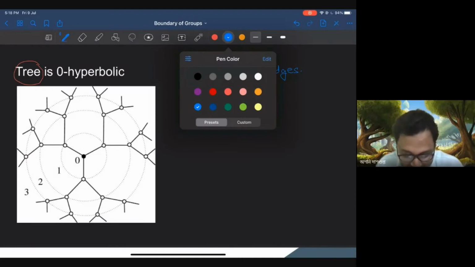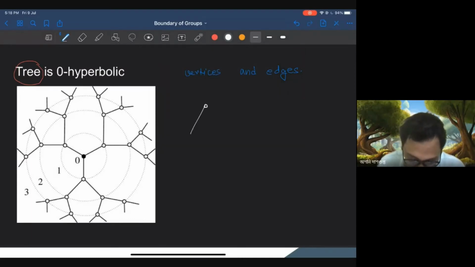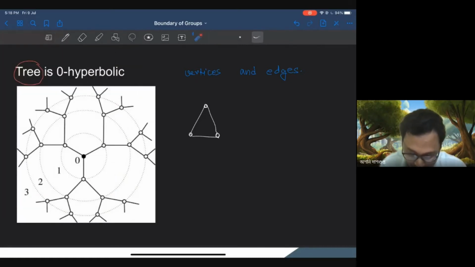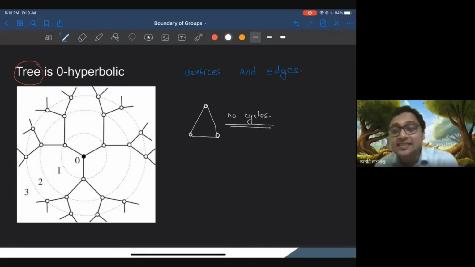So you cannot draw something like this. You cannot sort of come back to the same point like this. So there are no cycles. And you can easily check that a tree is in fact a zero hyperbolic space. So delta equal to 0 will work. And I will show it to you right now, why that works.